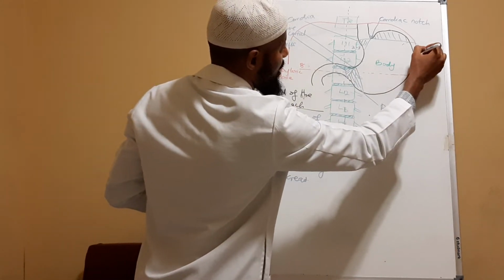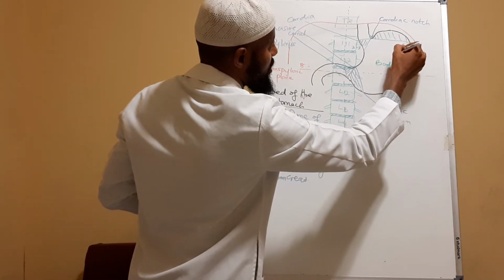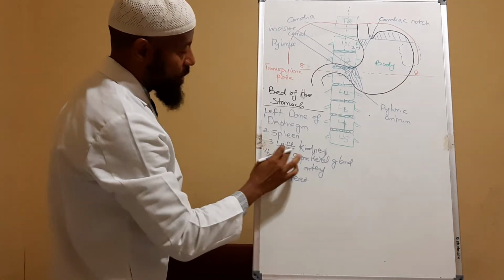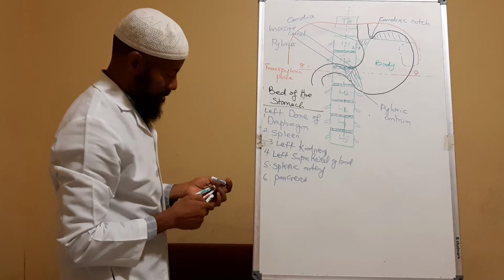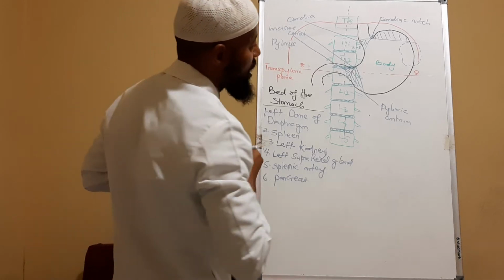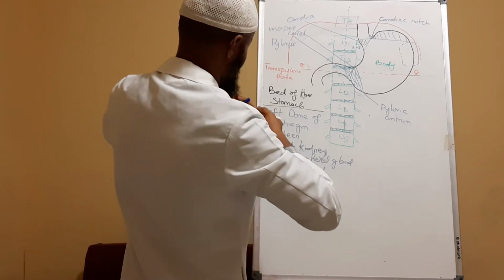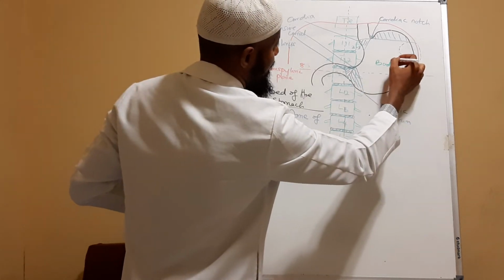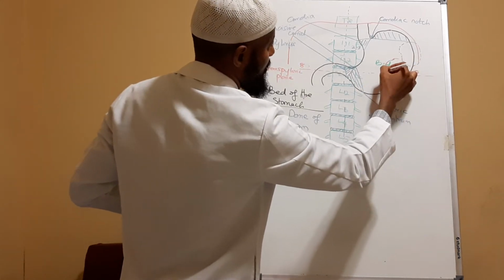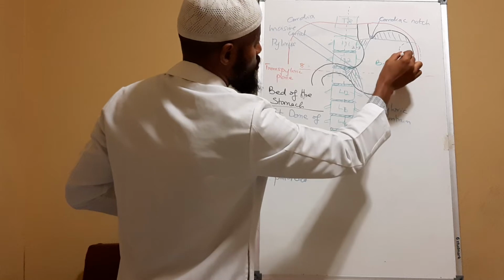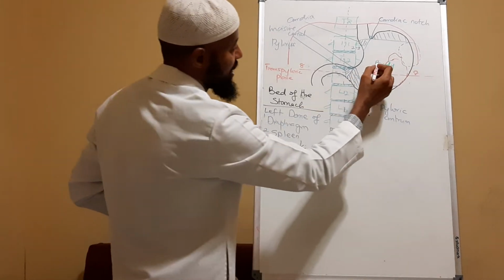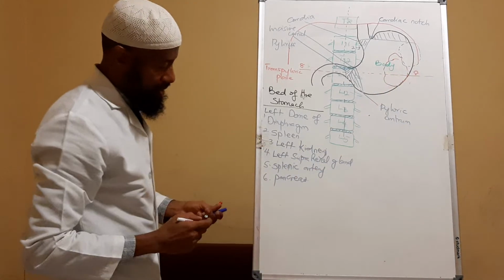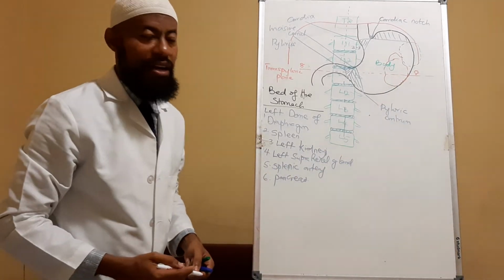There's the position of the spleen, and then we have the left kidney here, and then the suprarenal gland, and then the splenic artery, and the pancreas.